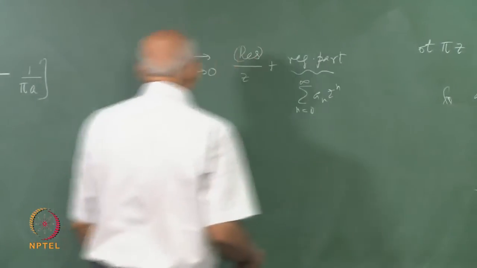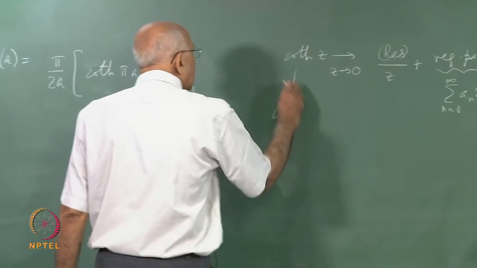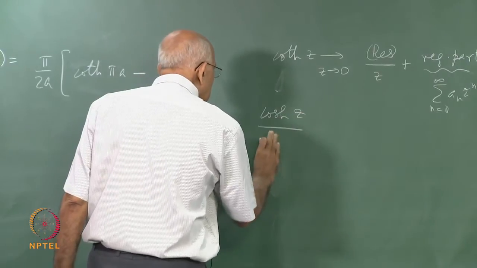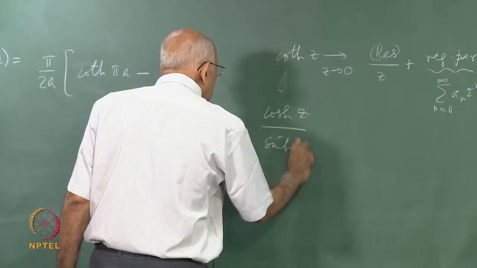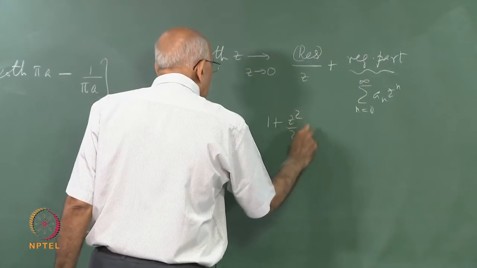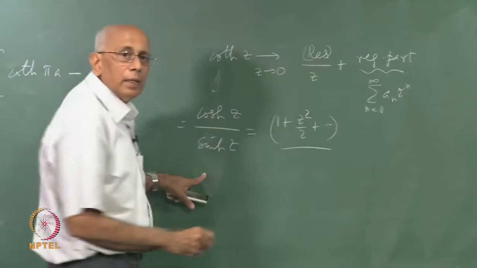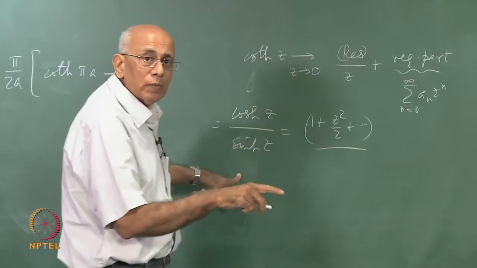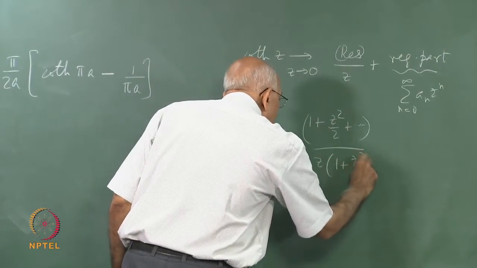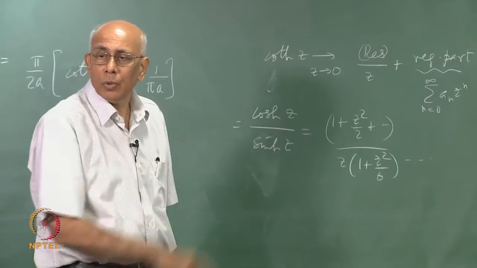Okay. Well, let us find out what this function is. Well, this thing here is cosh z over sinh z. You can sit down and compute the power series term by term, which is equal to 1 plus z squared over 2 plus dot dot dot divided by z plus z cubed over 6 dot dot dot. So, I take out a z, so it is 1 plus z squared over 6, etc. We want the leading term proportional to z.